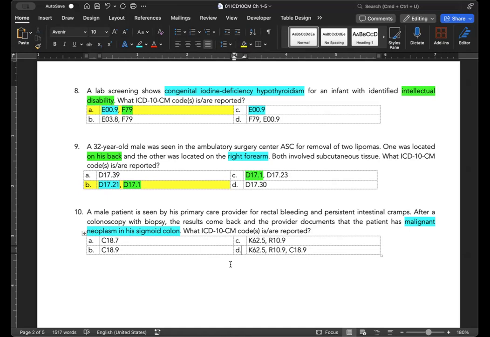Then go to rectum. There's no mention of the rectum. Oh, it just says rectal bleeding. Okay, gotcha. So intestine, and then we have that it's the sigmoid colon. So we'll do intestine, large, colon, sigmoid.